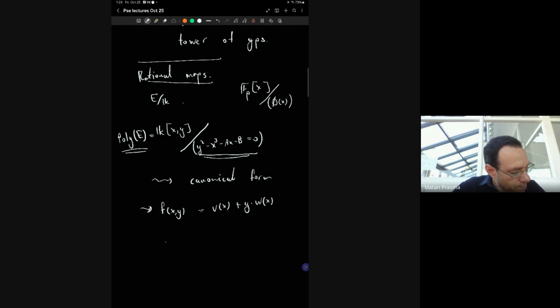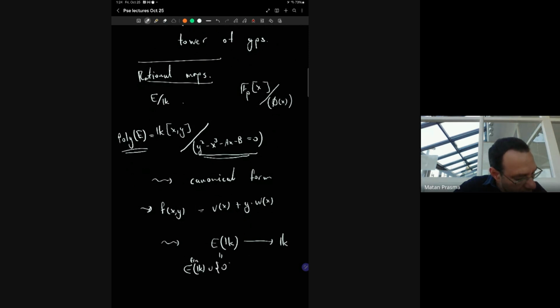Namely, I take the collection of all K-rational points and I map it to the field K. In fact, it's not exactly the field K, because here I have the finite points plus the point at infinity.